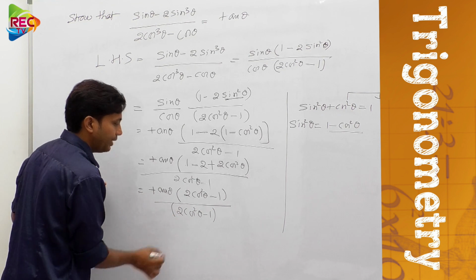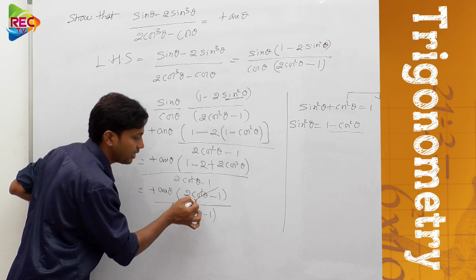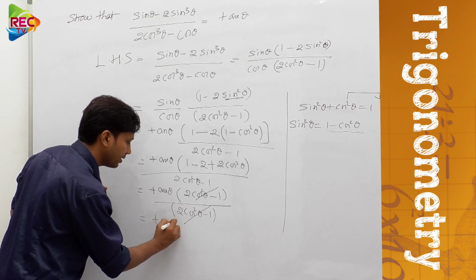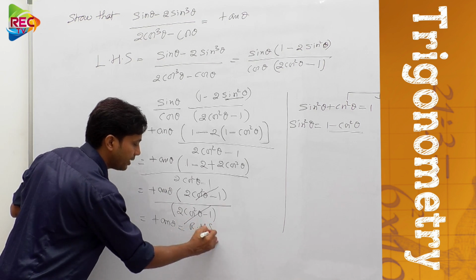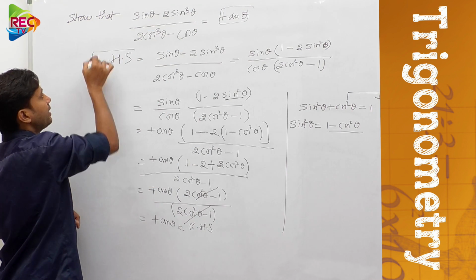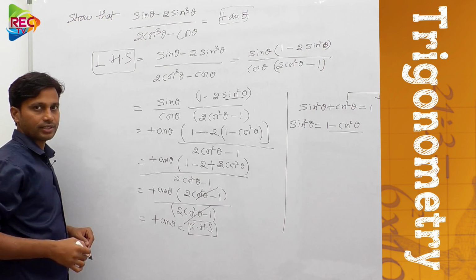Now tell me, in numerator and denominator, 2 cos square theta minus 1 is a common term or not? We can do the cancellation. So obviously we get tan theta equal to RHS, which is the required result. So here we took LHS and we got RHS.